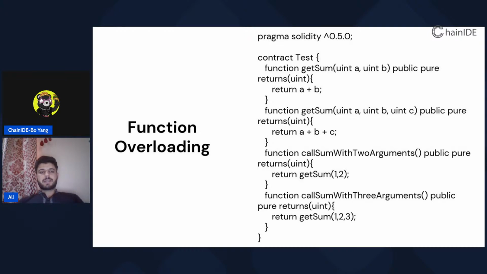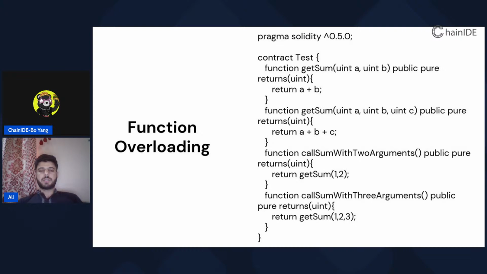This is an example of function overloading. Here we have a contract, and here we have different functions. The function name is the same. If we see function 1 and function 2, both names are the same, but the arguments the functions take are different.